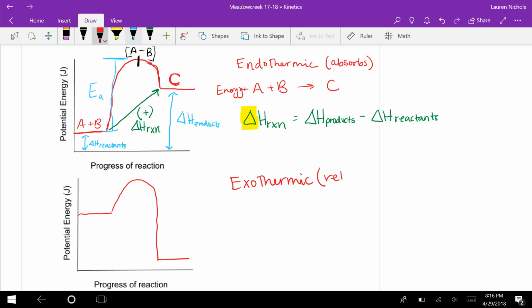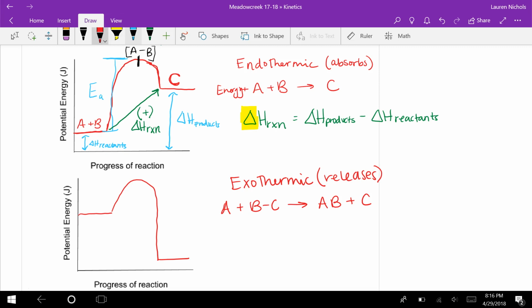Instead of absorbing energy, it releases energy. And so let's say we have the reaction A plus BC produces AB plus C. Okay, so we have a single replacement reaction, or as I affectionately call them, a home wrecker.